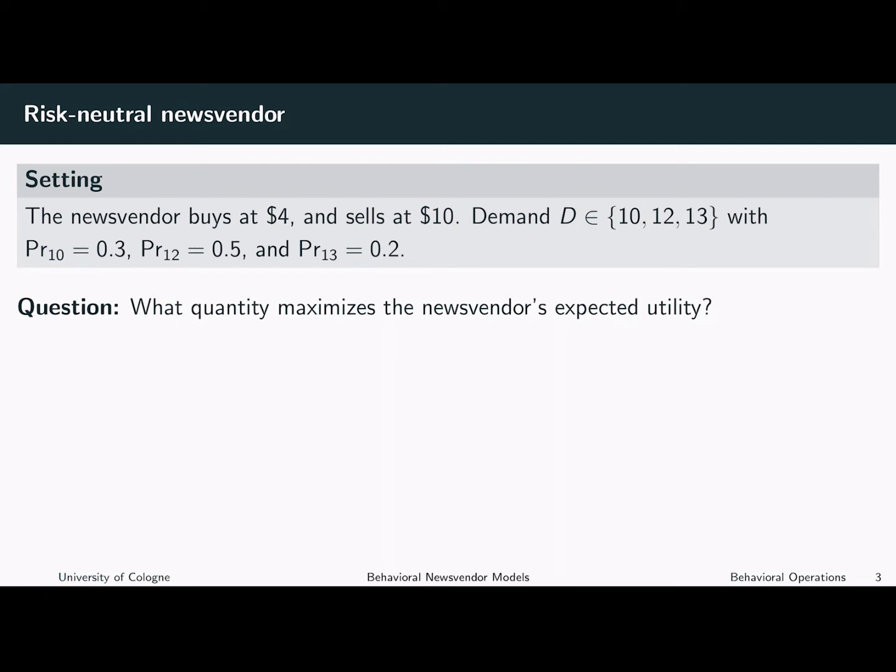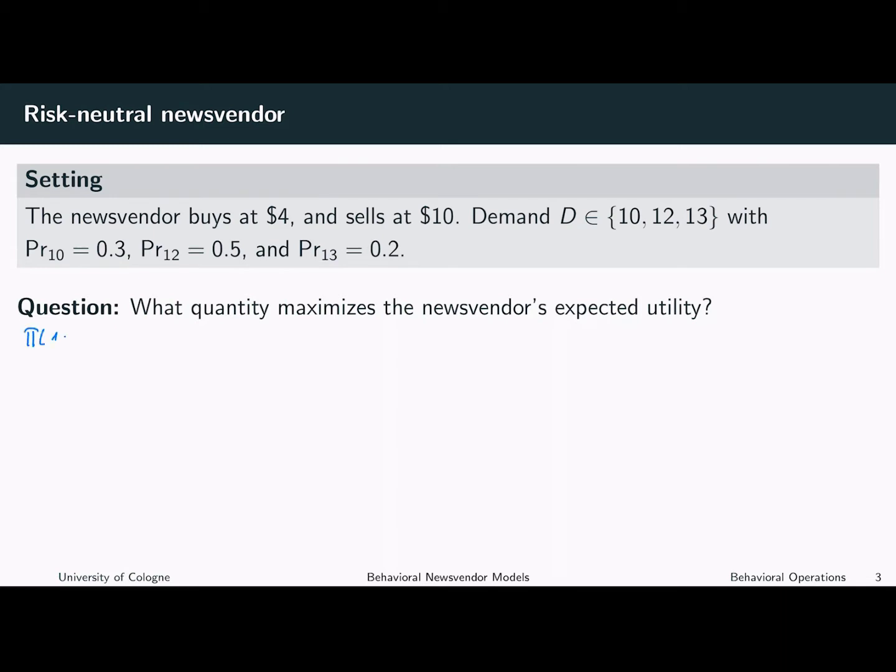So here we can just calculate the expected profits for ordering 10, 11, 12 or 13 units. So let us start. What is the expected profit when ordering 10 units?